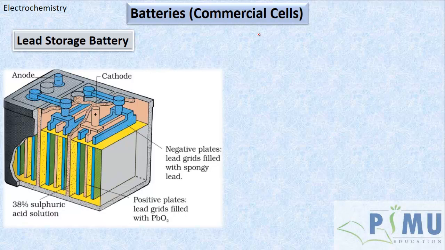The reaction taking place at anode is Pb plus SO4 2- gives PbSO4 plus 2 electrons.